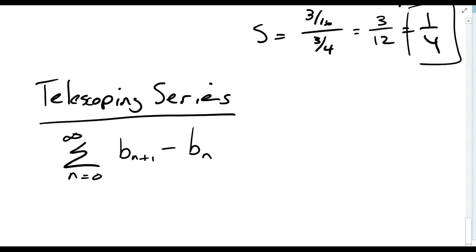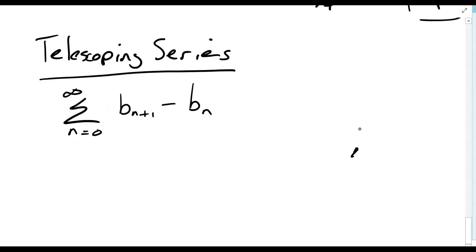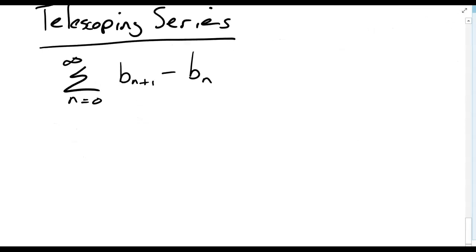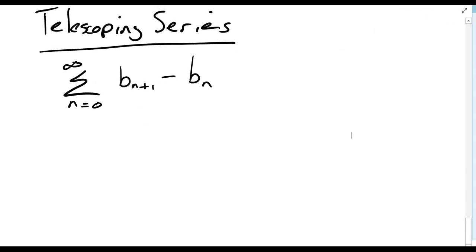The best way to look at this one is to just play one out, and you'll see what happens. As you repeat it, a lot of the terms will cancel away. So again, the best way is to just start with a series.